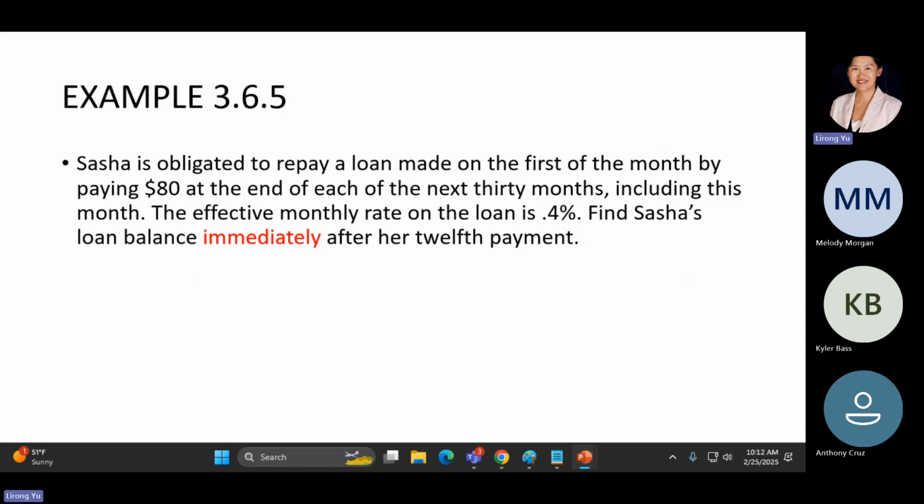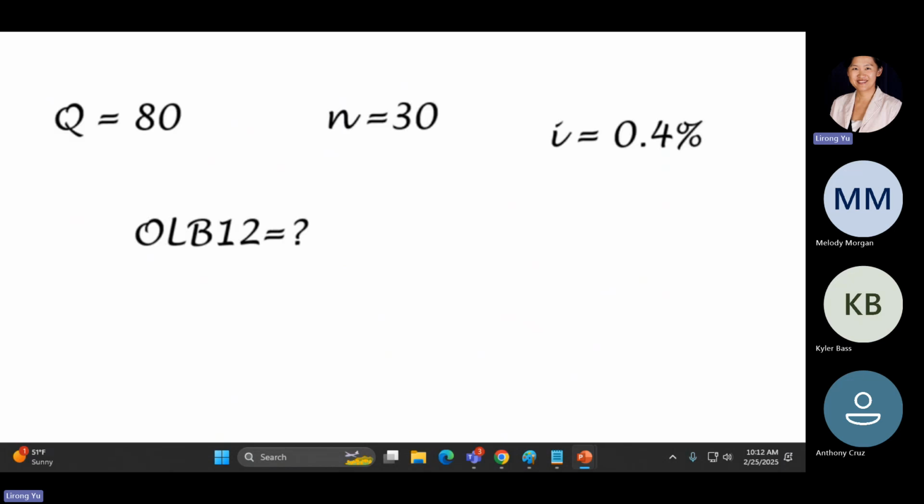So we're calculating OLB at 12. OLB 12 is what we intend to calculate. That means we paid 12 of those $80 payments. In this situation we are clear that we're paying 30 payments of 80. However, we are not clear about the loan balance, the originated loan.